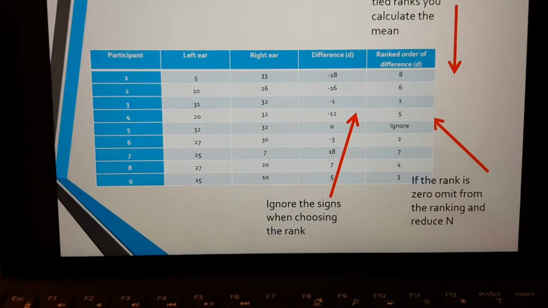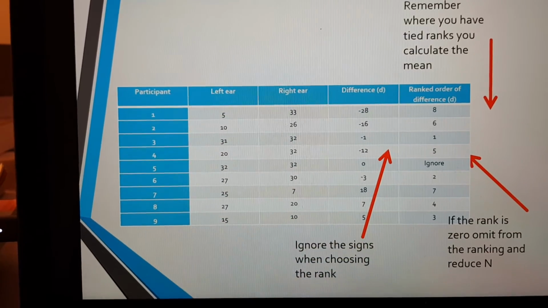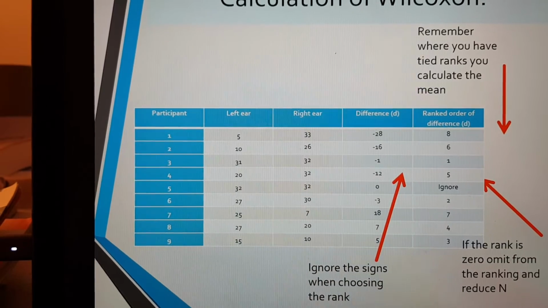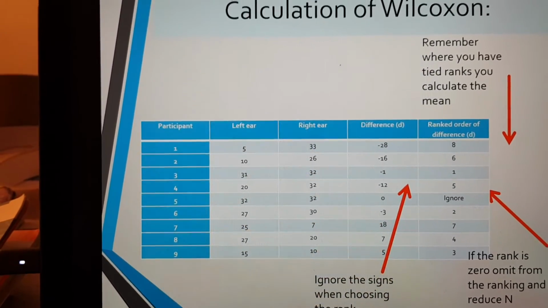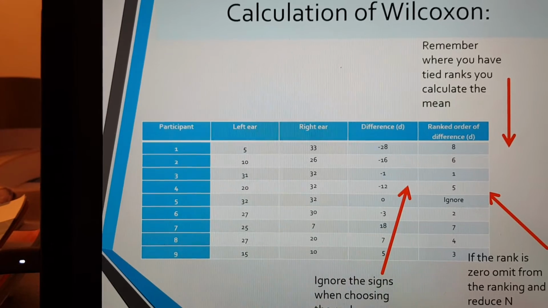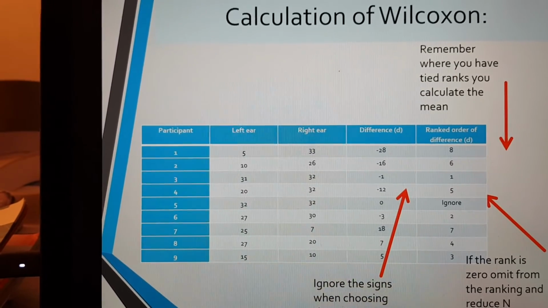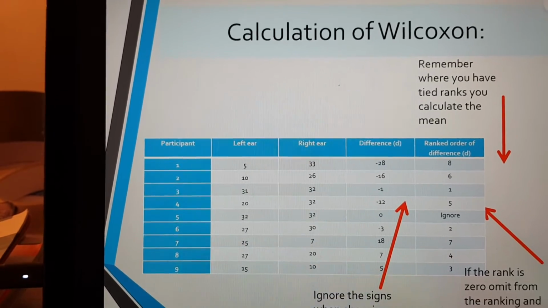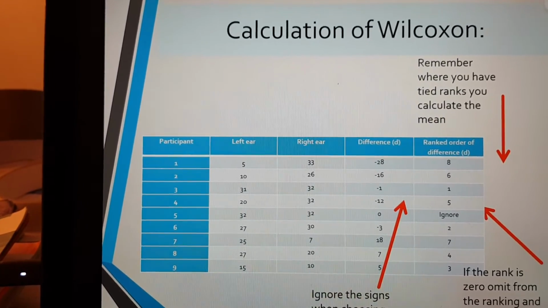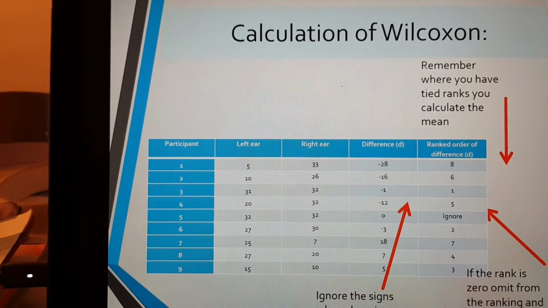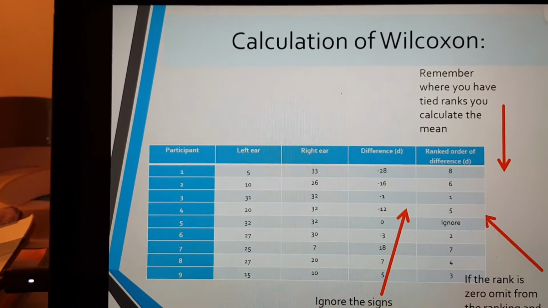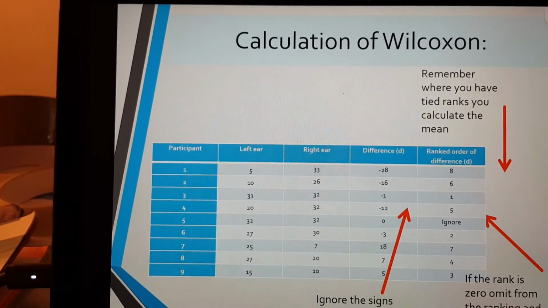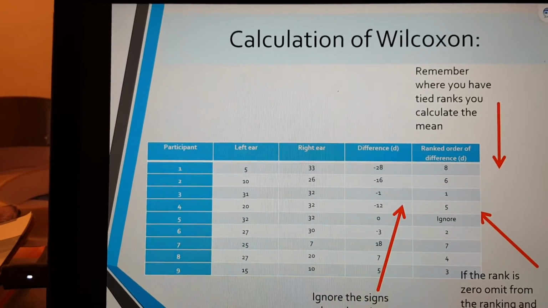For instance, our pluses added up, which is the less frequent sign, would be 7 plus 4 plus 3. So we're calculating the sum of the ranked order of difference for the less frequent sign. That calculation is our observed value of T.